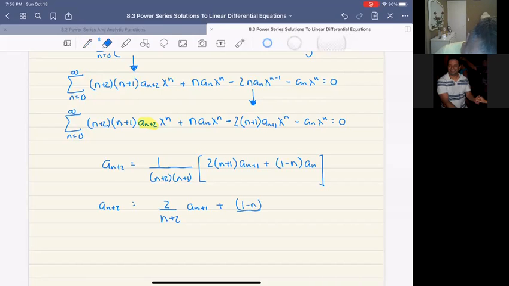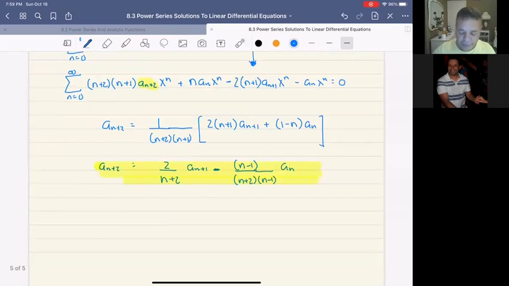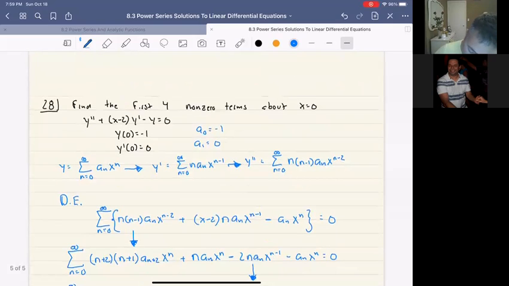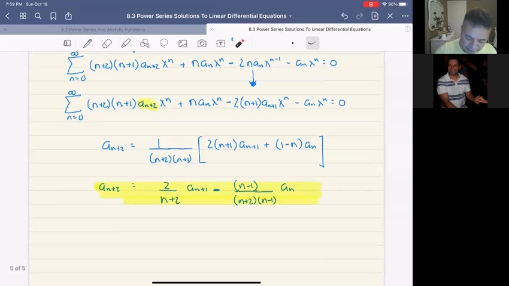Let me write this as minus n minus 1, over n plus 2, n minus 1, a sub n. Looks a little better that way. So we know from our initial conditions, a sub 0 is -1, a sub 1 is 0.